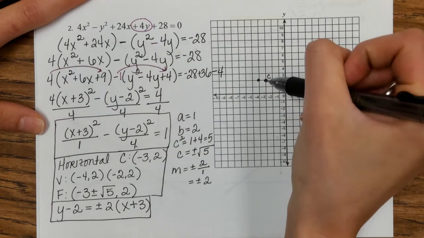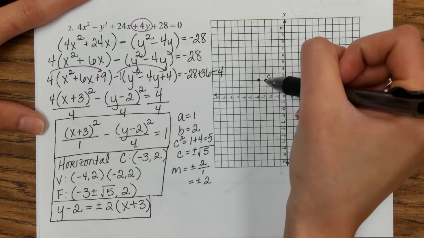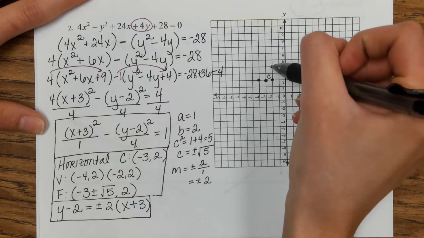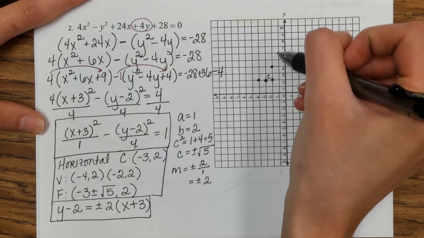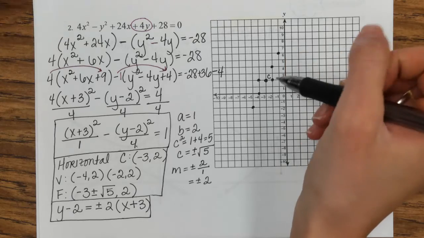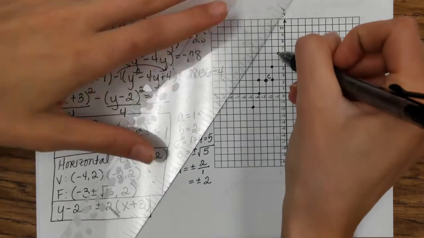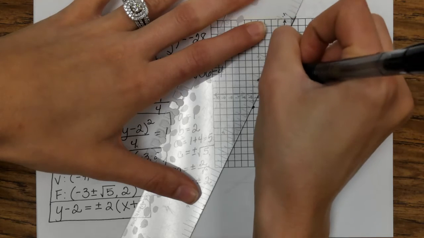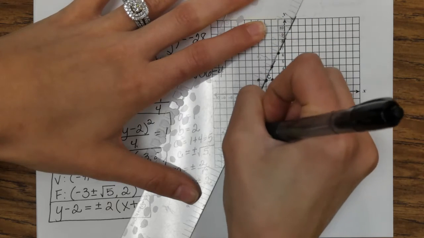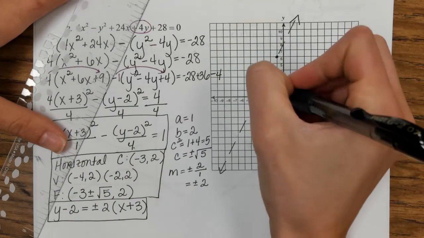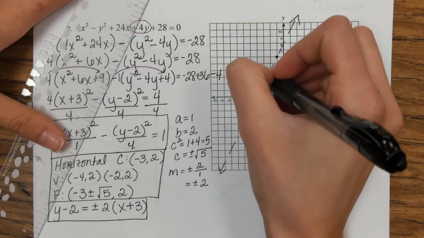Okay, so I'm going to start from my center, and I'm going to go up 2 to the right one, up 2 to the right one, and then I'm going to do my negative 2 slope, so up 2 to the left one.